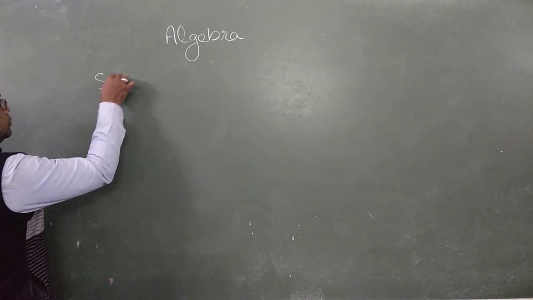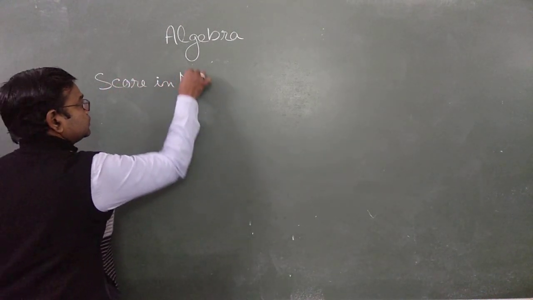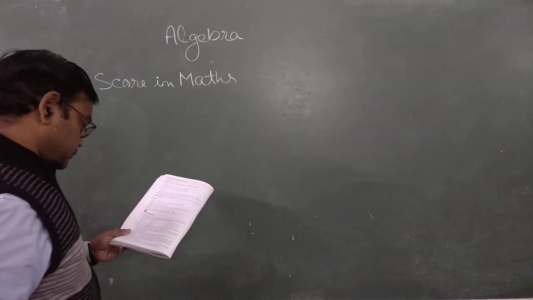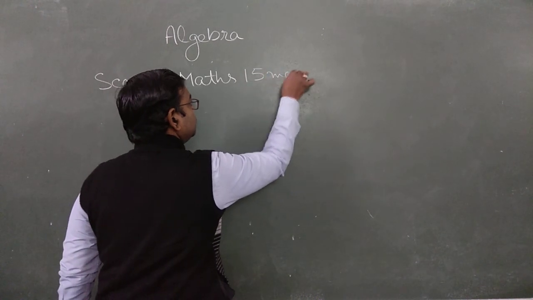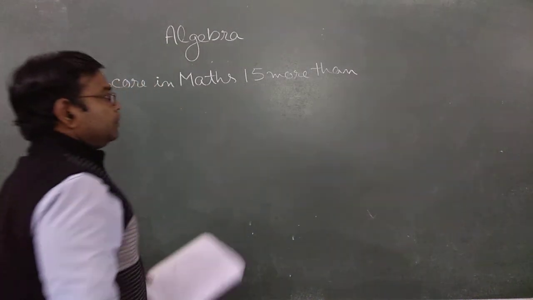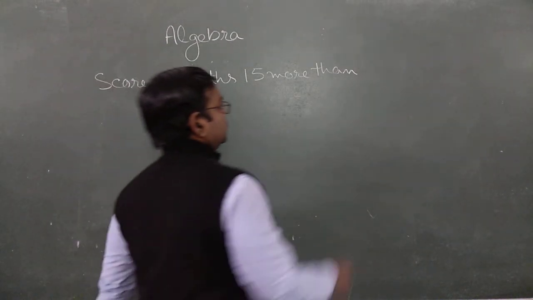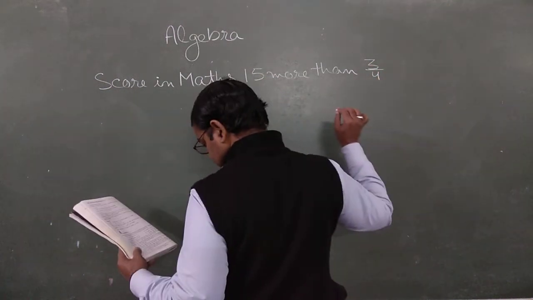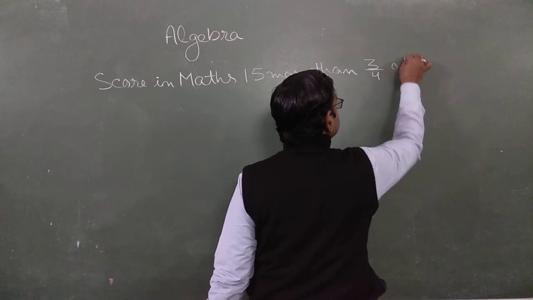It says that score in mathematics, score in maths, very clear, 15 more than 3/4 of her score in science. 3/4 means what? 3/4 of science.